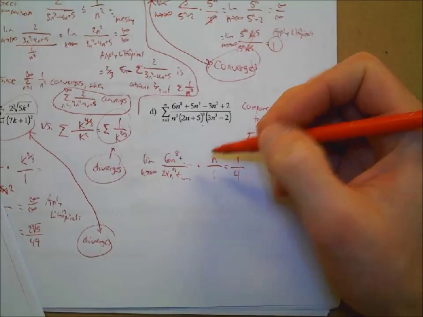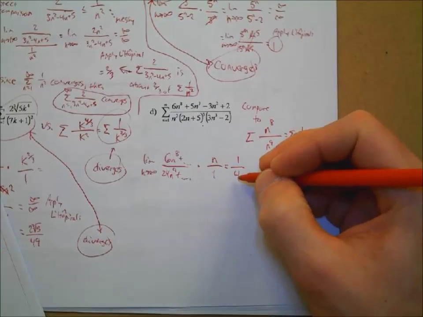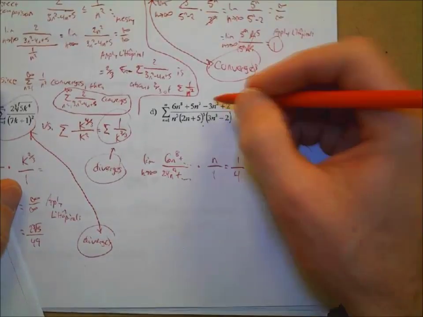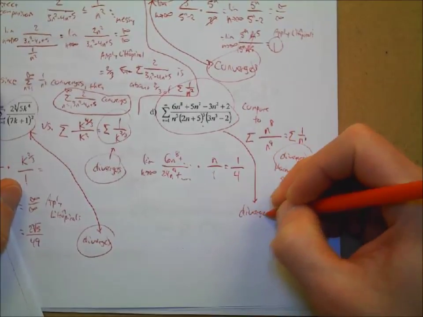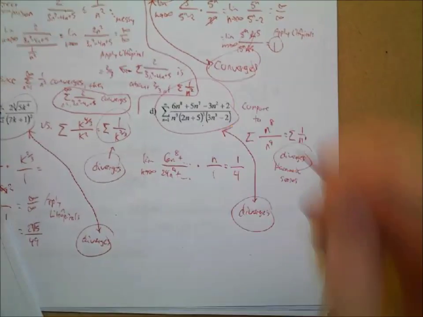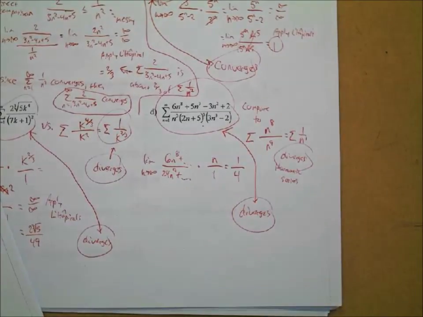We're good? Okay, so this is finite and it is positive, so therefore this thing will also diverge by the limit comparison test. That one was pretty intense, but there it is.